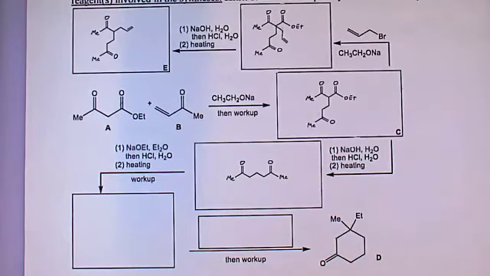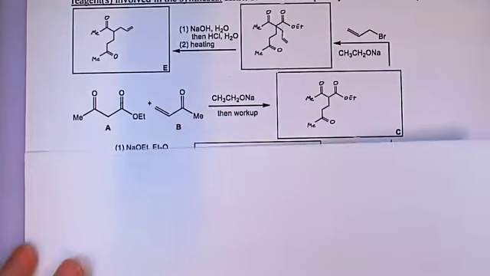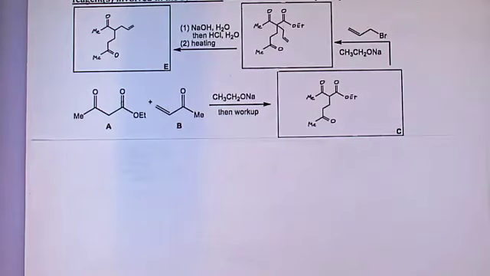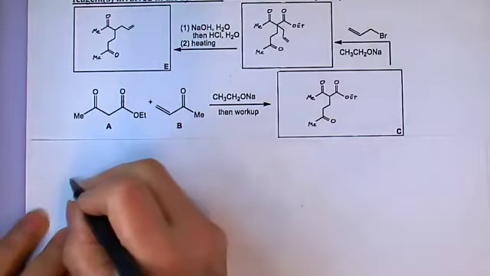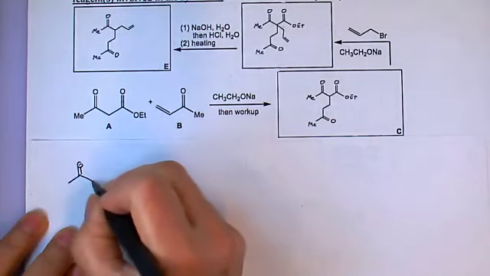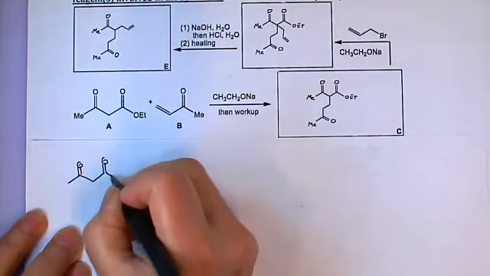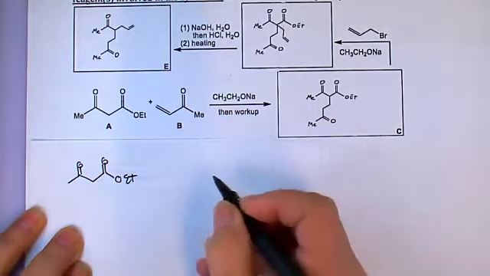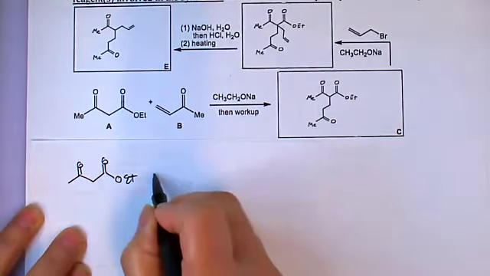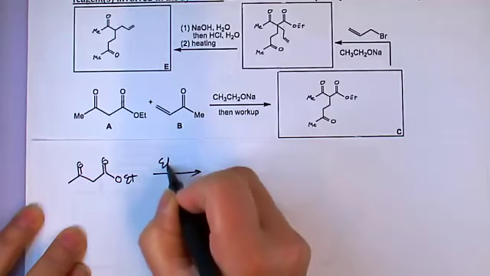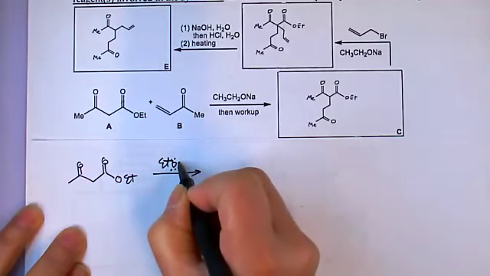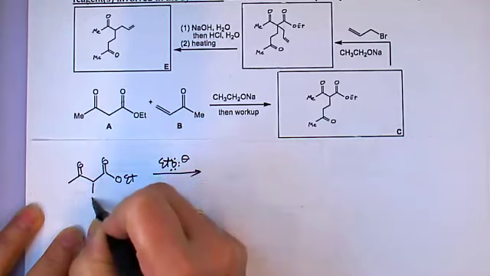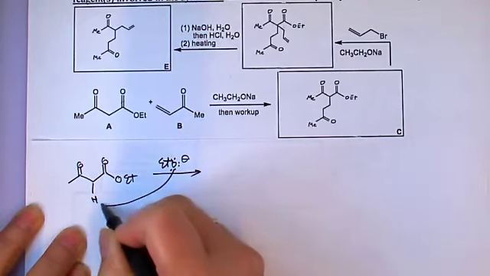So I'm going to copy the first two reagents to get started with the problem. So this is A. This is ethyl acetoacetate. And when treated with ethoxide, a strong base, you're going to remove one of the acidic hydrogens here.